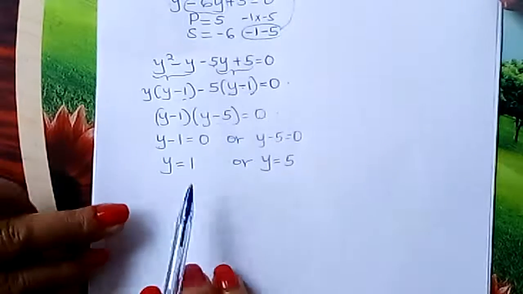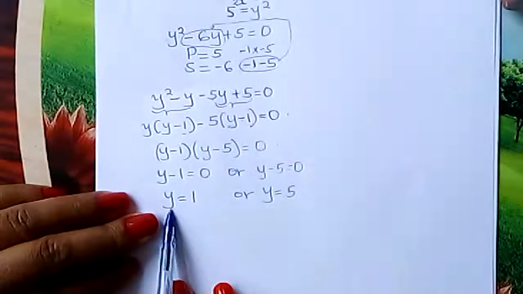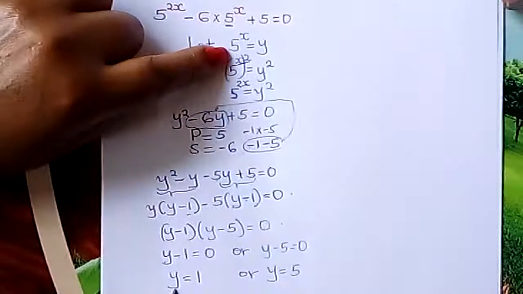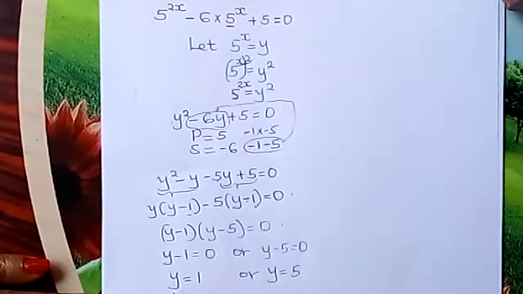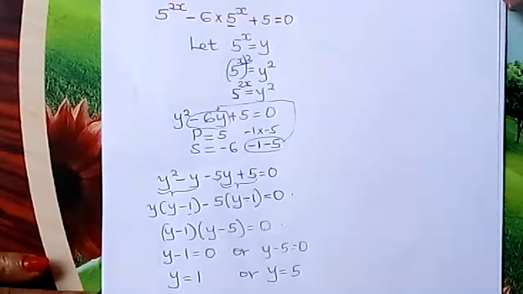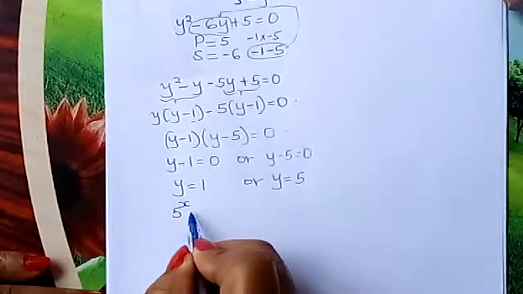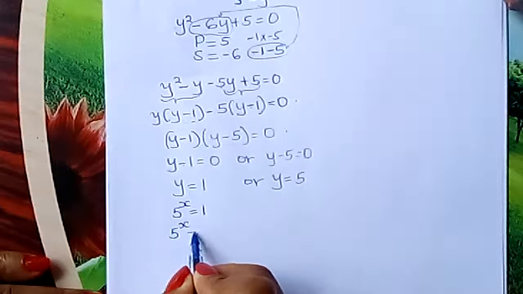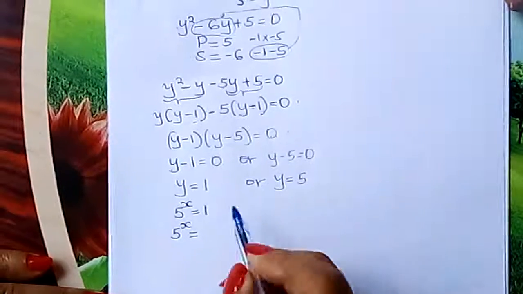Good. So now you ask yourself, I wanted values of x, not y. So what was our y? Our y, learner, at the beginning, is 5 raised to x. So 5 raised to x is equal to 1. What is 1 expressed to base 5?